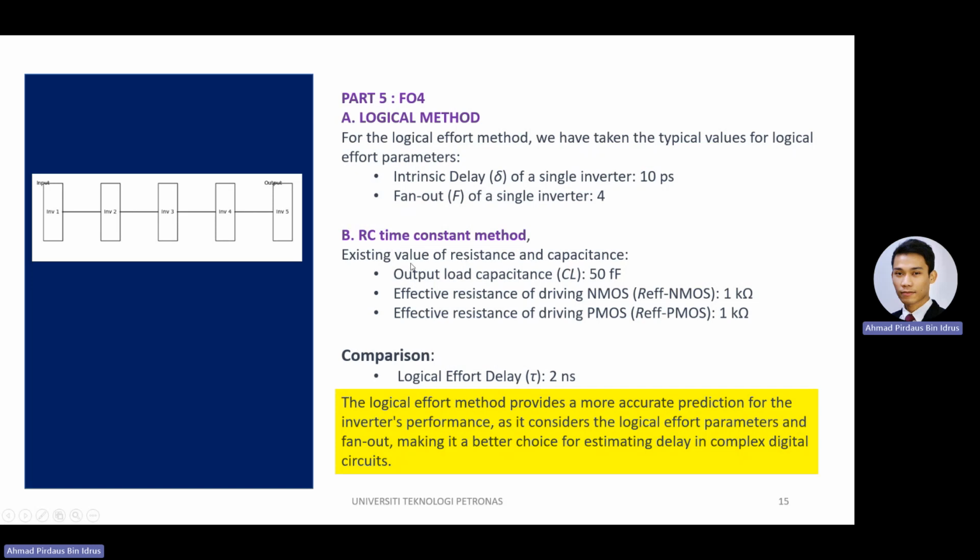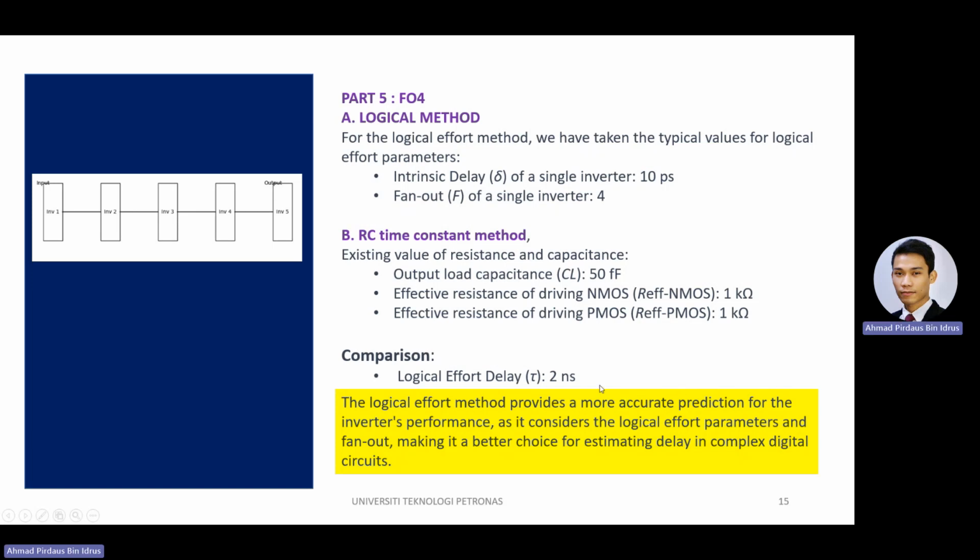This is where we use the existing values of resistance and capacitance that we have run in the program. The output load capacitance, CL, is 50 femtofarad, the effective resistance of the driving NMOS is 1 kilo ohm, and the effective resistance of the driving PMOS is 1 kilo ohm.